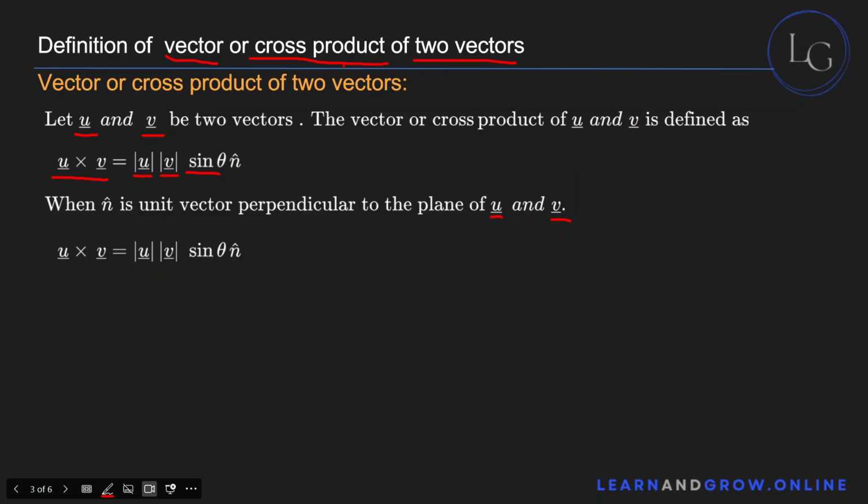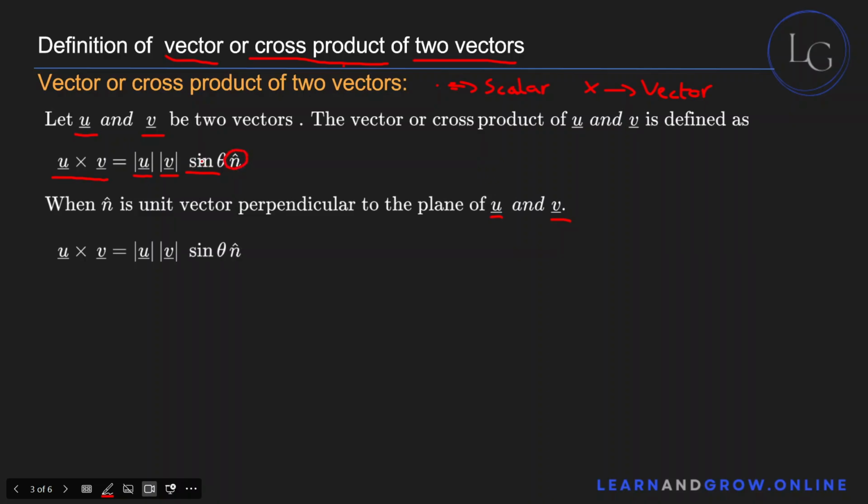A very fundamental difference between the resultant of a dot product of two vectors and the resultant of a cross product of two vectors is that a dot product gives you a scalar value, and the cross product gives you a vector value, right? So it has a direction, and that direction comes from this.